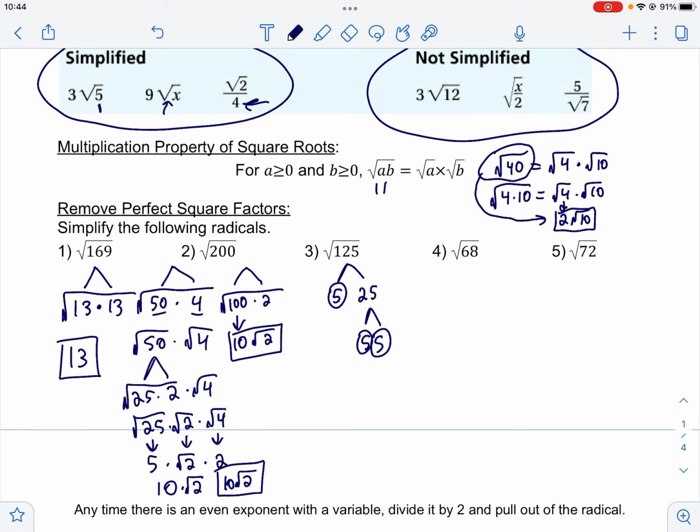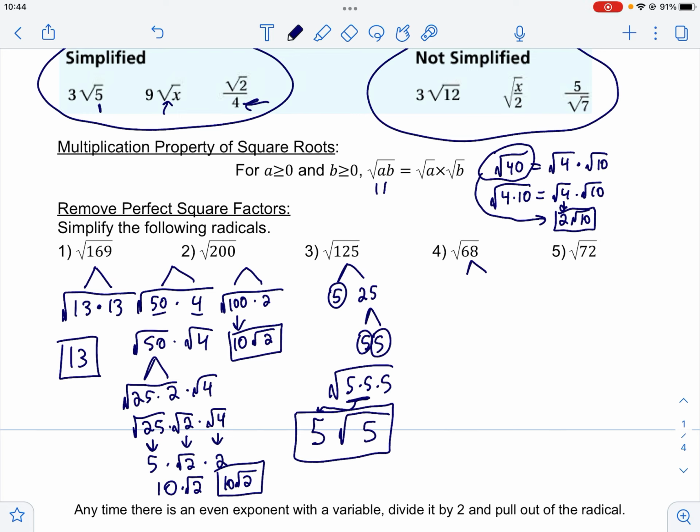So here I see there's three 5s. So this is almost the same thing as the square root of 5 times 5 times 5. We know the square root of 5 times 5, well, that's going to become the square root of 25, or just 5. So if you see a pair of numbers, we can move that number to the outside. So the square root of 125 is the same thing as 5 square root of 5.